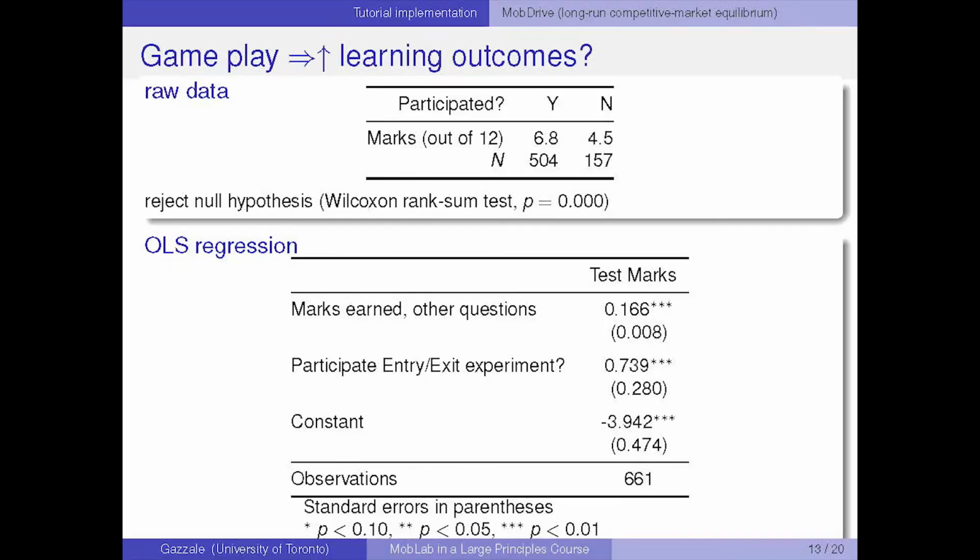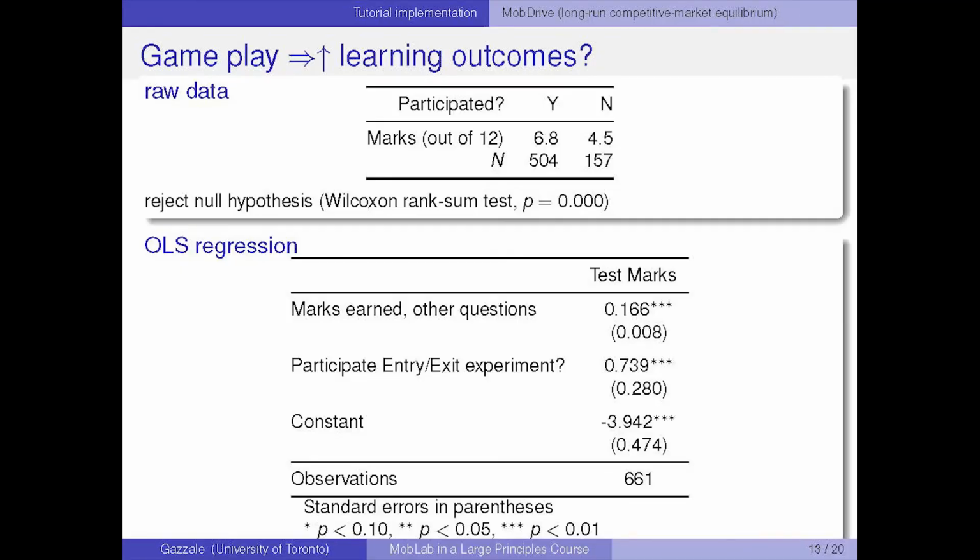Unsurprisingly, people who participated in the tutorial did a lot better on this question than people who didn't participate in this tutorial. And your first thing should be selection. People who show up at tutorials are different, right? And I agree. So what I've done is I run a regression where I control for the marks earned on other questions.